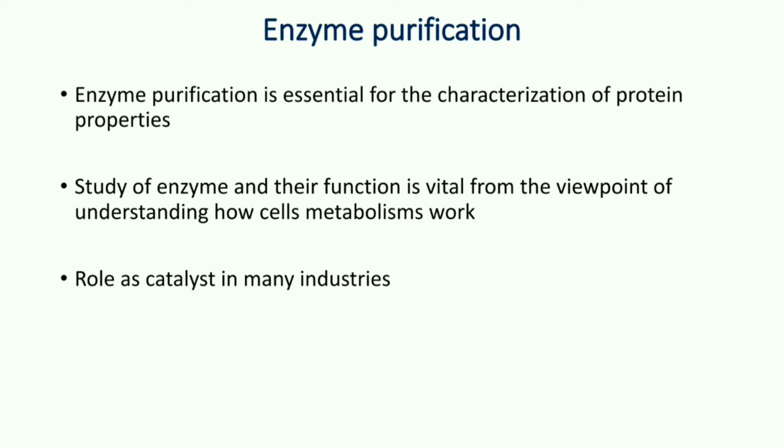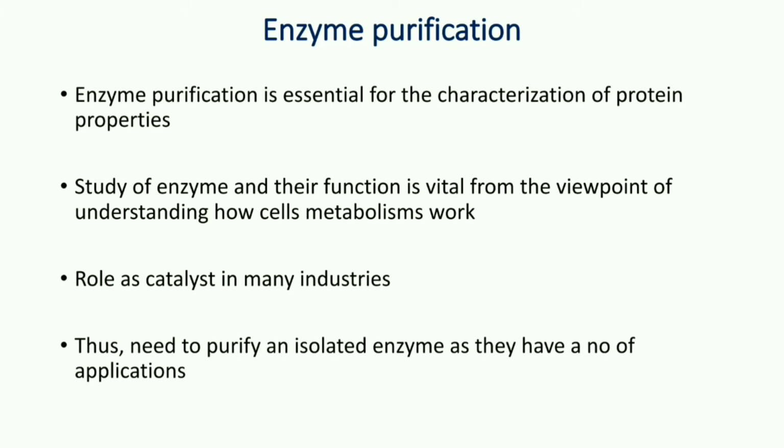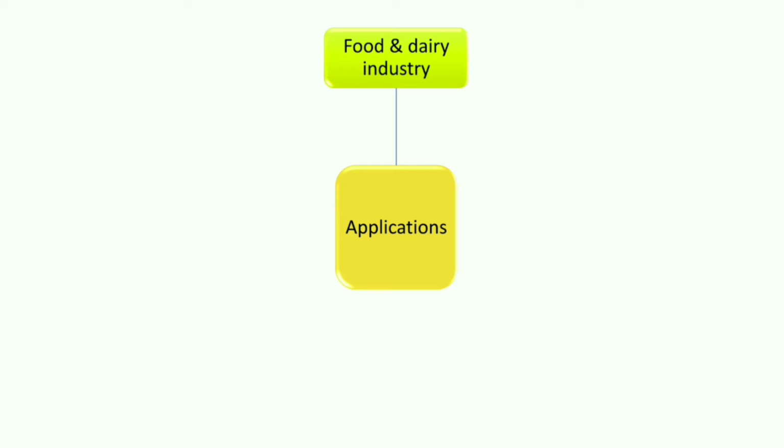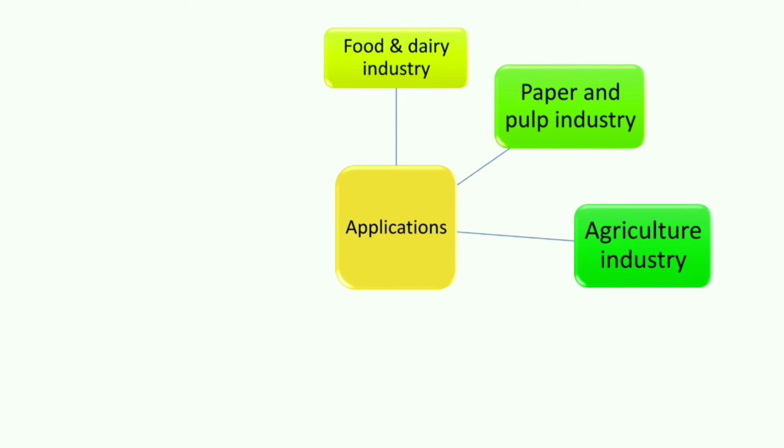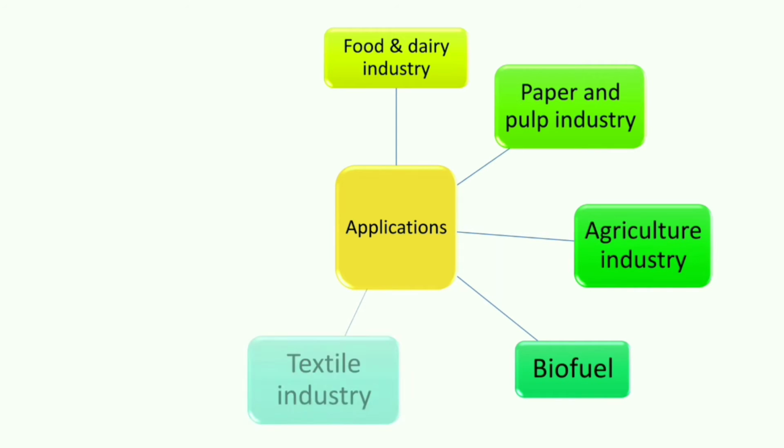Enzymes, as we know, play a role of catalyst in many industries. Hence, there is a need to purify isolated enzymes as they have a number of applications which include use in the food and dairy industry, the paper and pulp industry, the agricultural industry, and the production of biofuels.